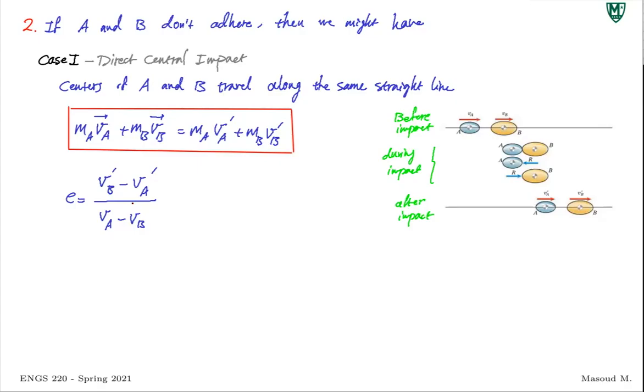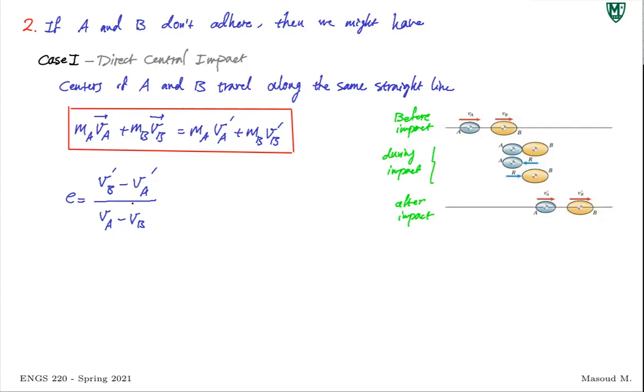For the system as a whole, we have conservation of energy. But part of this energy is going to be converted into heat. Part of it might be converted into sound, or into some permanent deformation in some objects, right? So the energy is lost. So not all the energy is going to go from object A to object B, or the other way around, depending on which one has higher energy.